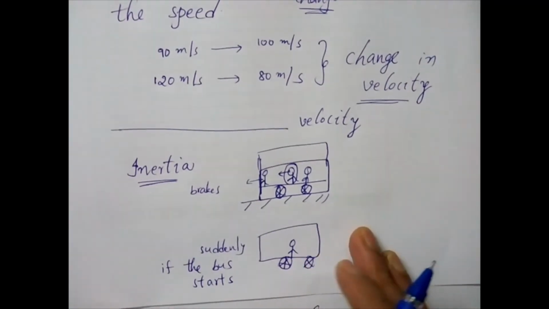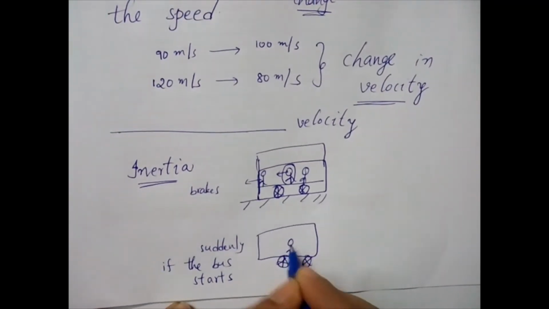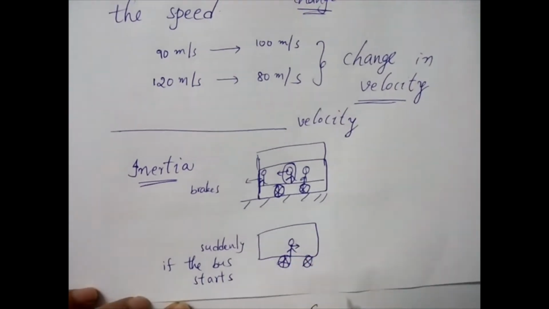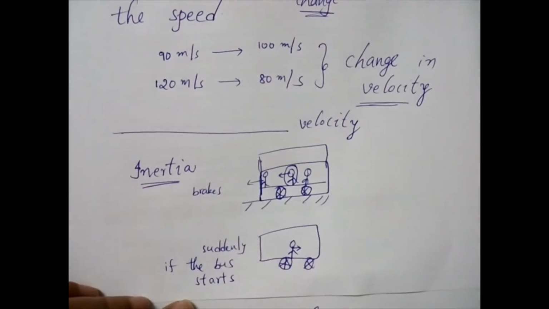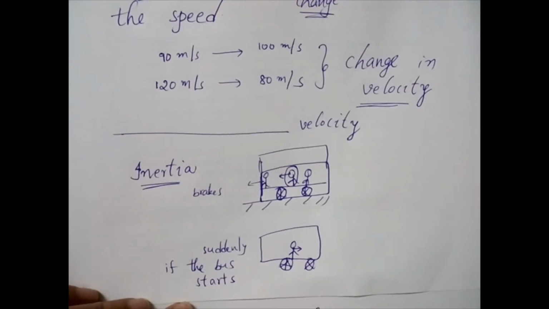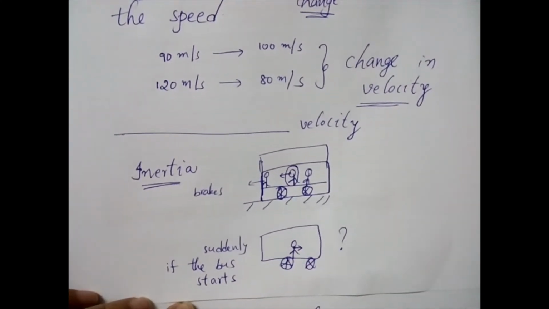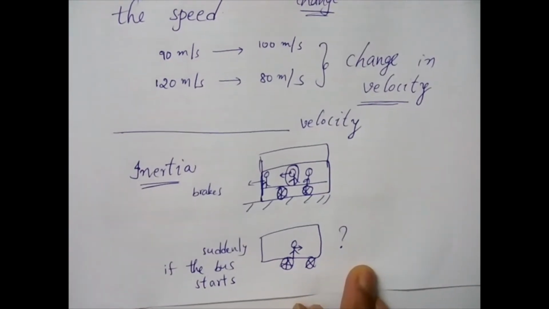Next time you have to observe and identify. You are sitting here and you will have a backward push. You will go back and then along with the bus you will be moving forward. Why is this? We are learning today. I have already told you it is due to inertia.